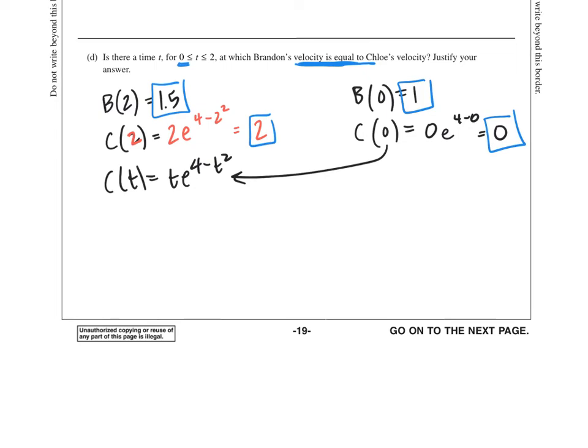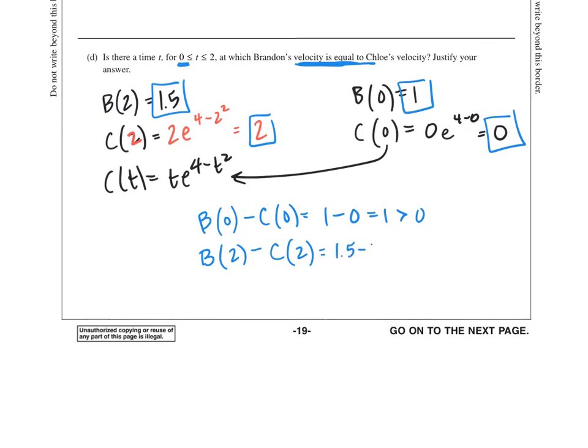Brandon's initial velocity, 1, minus Chloe's initial velocity, 0, gives 1, a positive number. Then his ending velocity at 2 minus Chloe's ending velocity at 2 is 1.5 minus 2, which is negative one half, and a negative number is less than 0.